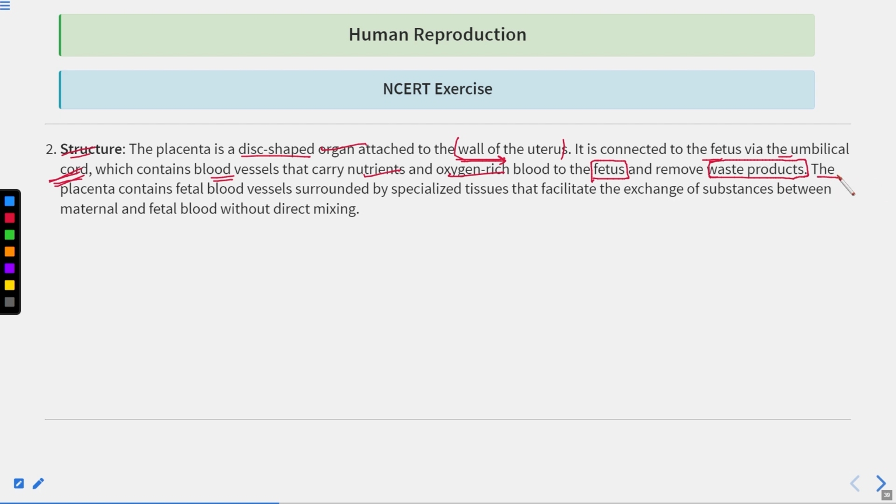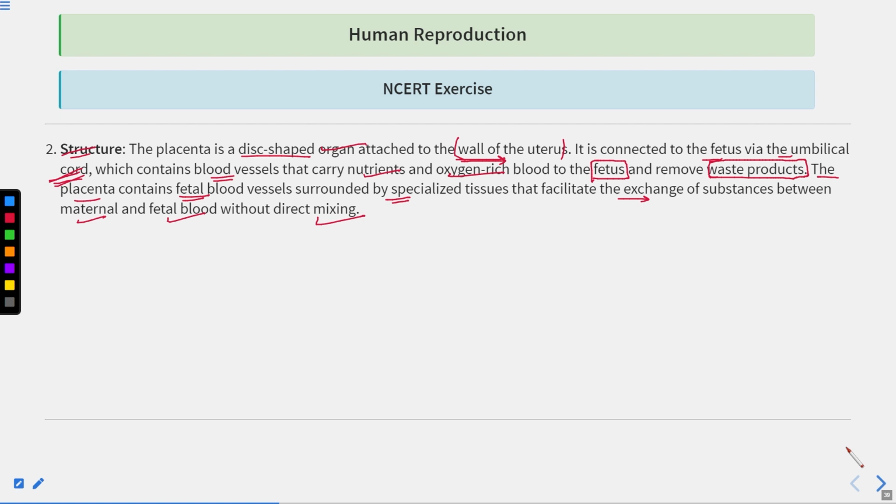Now, the placenta contains fetal blood vessels surrounded by specialized tissue that facilitates the exchange of substances between the maternal and the fetal blood without direct mixing. So there is no direct mixing of the blood, but there is the exchange of nutrients and gases, and there is the elimination of the toxic products that are produced by the fetus also.